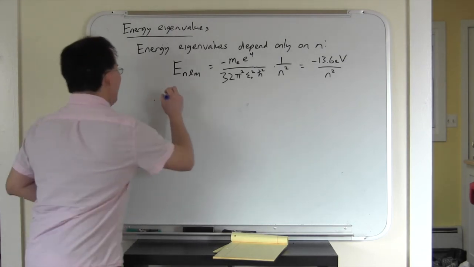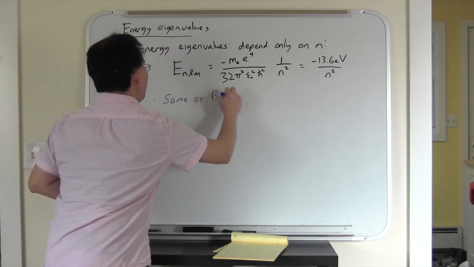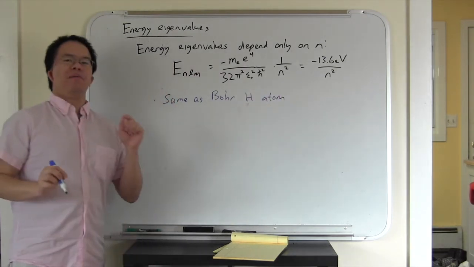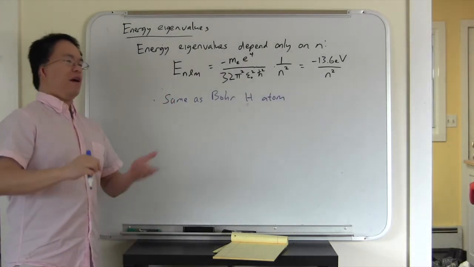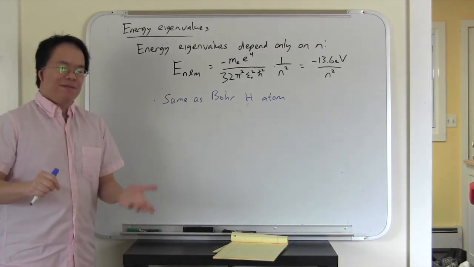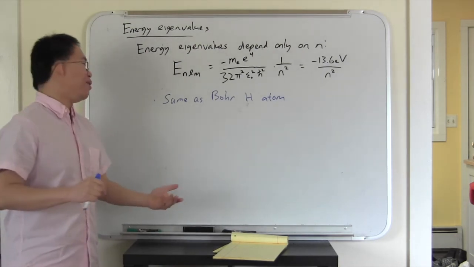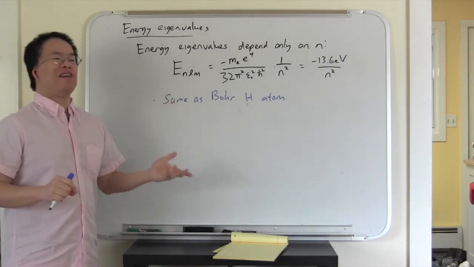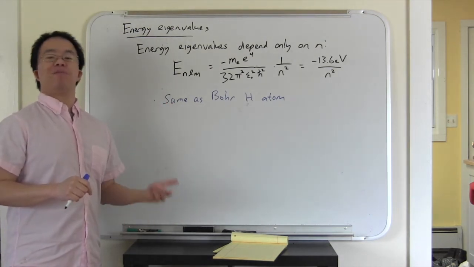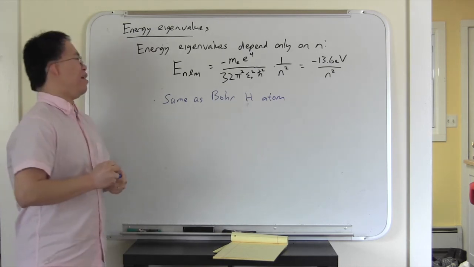So historically, being able to work out the right answer for hydrogen, because remember the Bohr model was accepted at the time because it made predictions that agreed with experiment. The fact that Schrodinger was able to get the same result was a large part of the reason why he realized he was on the right track in developing quantum mechanics.